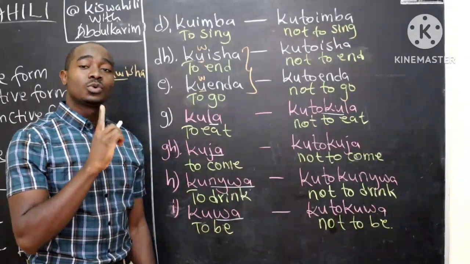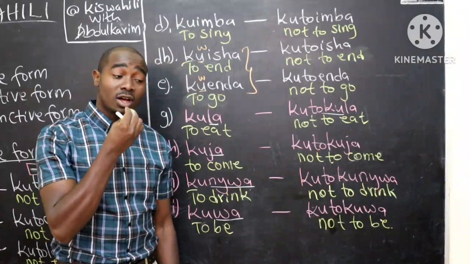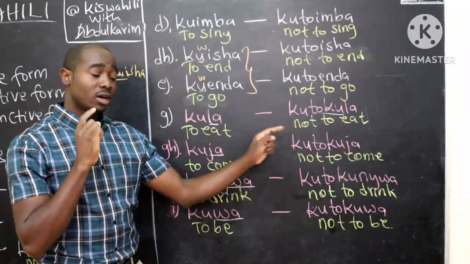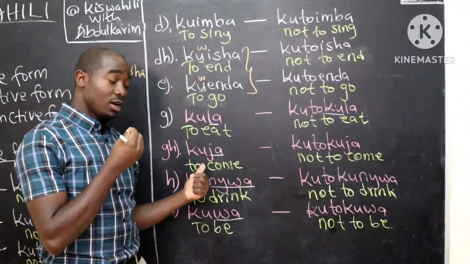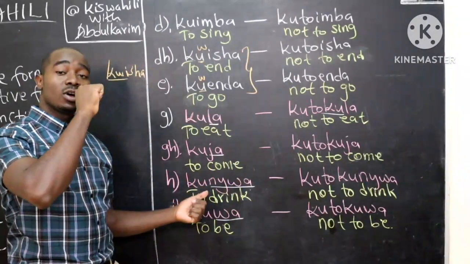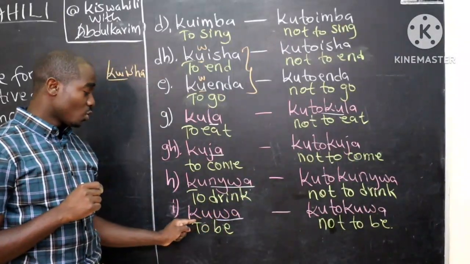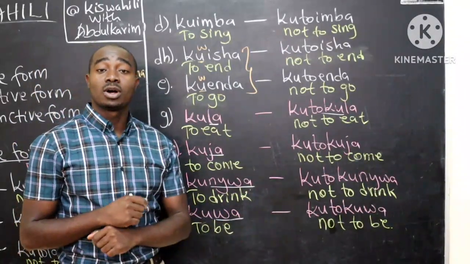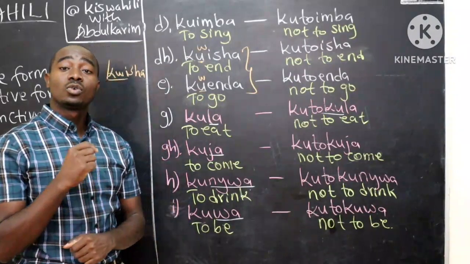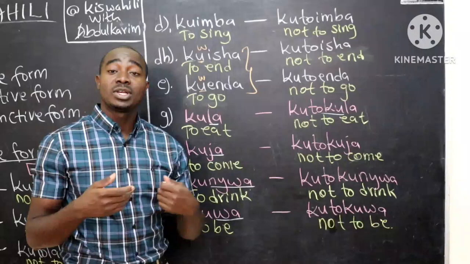Kuenda, kutoenda. Kula, kutokula. Kuja, kutokuja. Kunywa, kutokunywa. Kuwa, kutokuwa. Okay? Now I'll erase this and make sentences here.